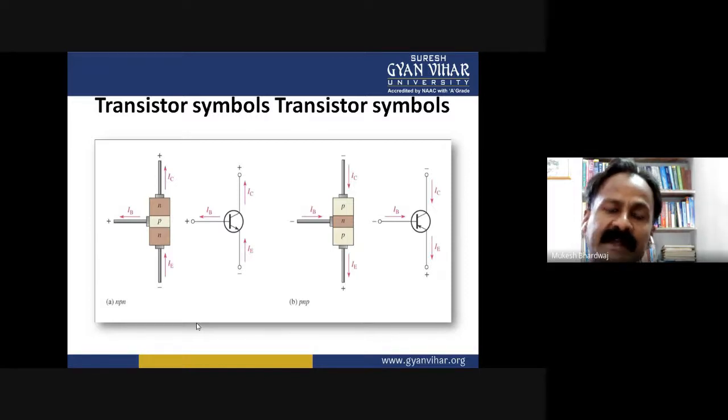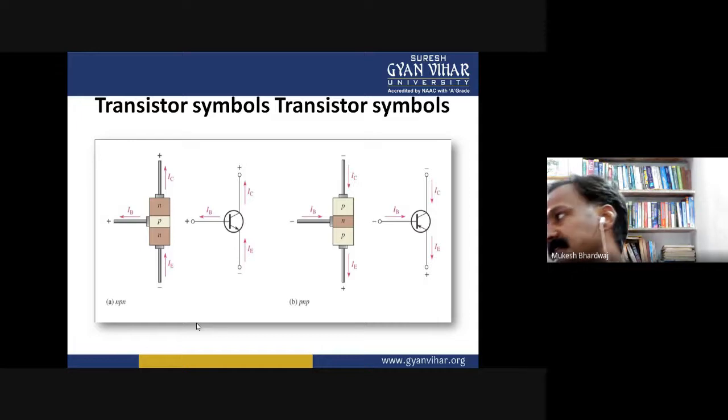These arrowheads have a significance, and why they are assigned like this comes from the physics behind the transistor, because these arrowheads show the movement of charge carriers or the direction of current flow.